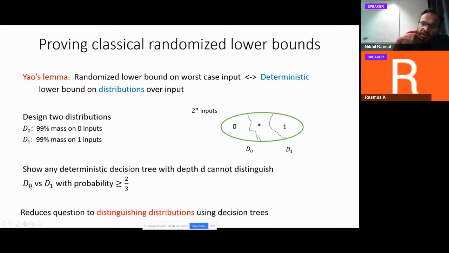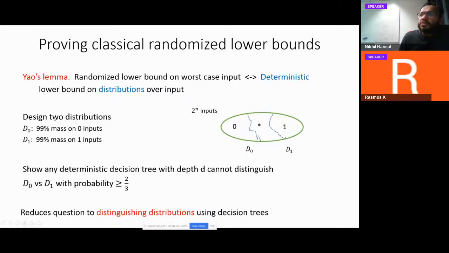If I give you some input from D0 or from D1 and ask where it is coming from, it can always guess randomly and be correct with probability half. But to get any non-trivial probability of success, if you can show that you need a large depth decision tree, then you have proved a randomized lower bound. This is a standard technique.